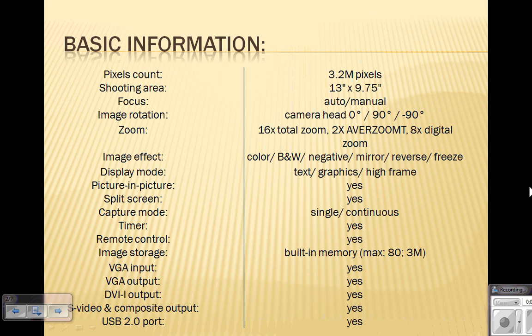We have come up with a list of all of the important features and basic information that you should know in regards to your dot cam, such as the pixel count, the shooting area, focus, image rotation, zoom, image effect, display mode, picture-in-picture, split screen, capture mode, timer, remote control, image storage, VGA input, VGA output, DVI output, S-video and composite output, and USB port.